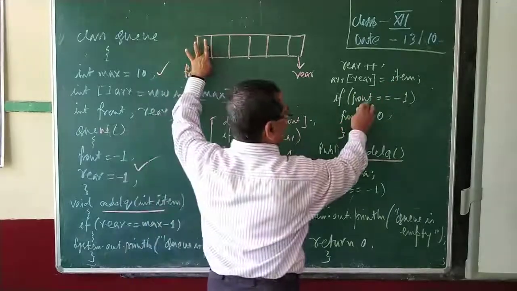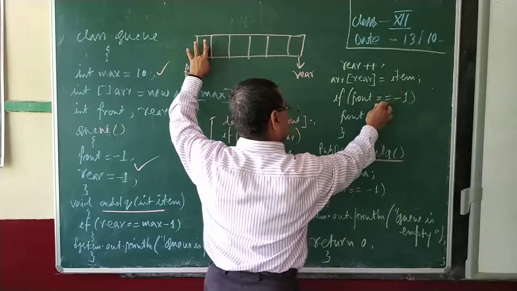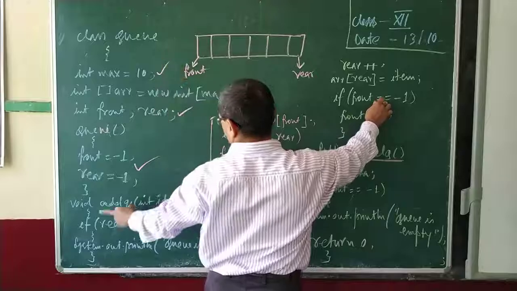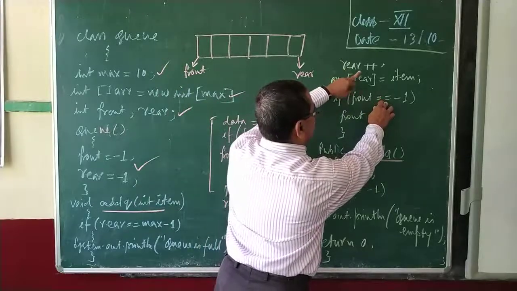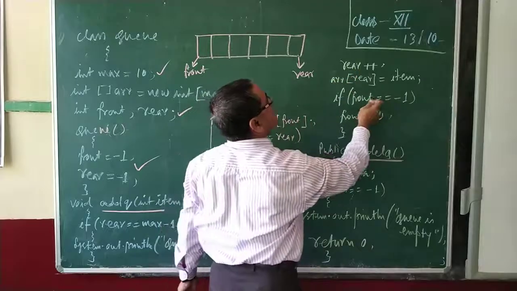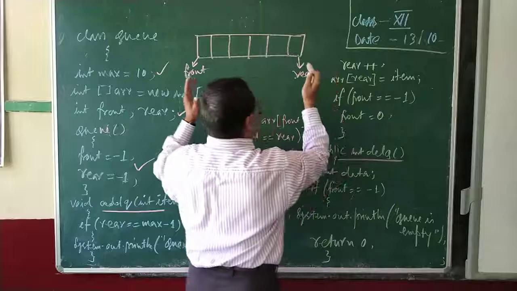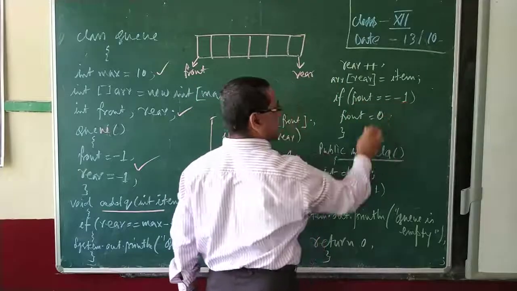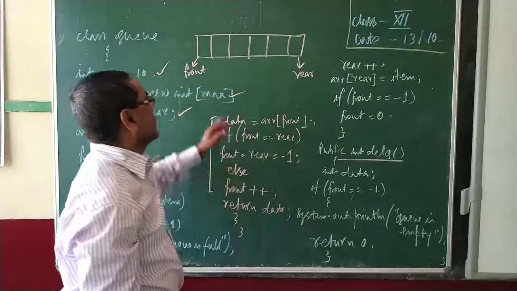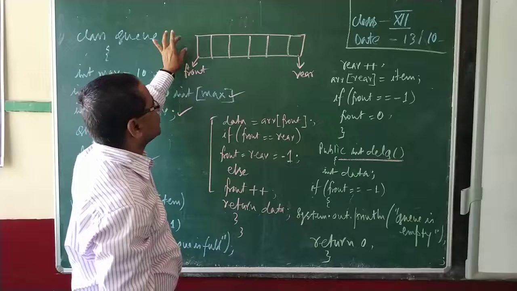Now if front equal to -1: after adding one element, your front is still -1, because only the rear changed after adding the first element, rear became plus. So at that time front is still -1. Soon after you added the element, if front equal to -1, then front is 0. Initially front and rear both were -1.